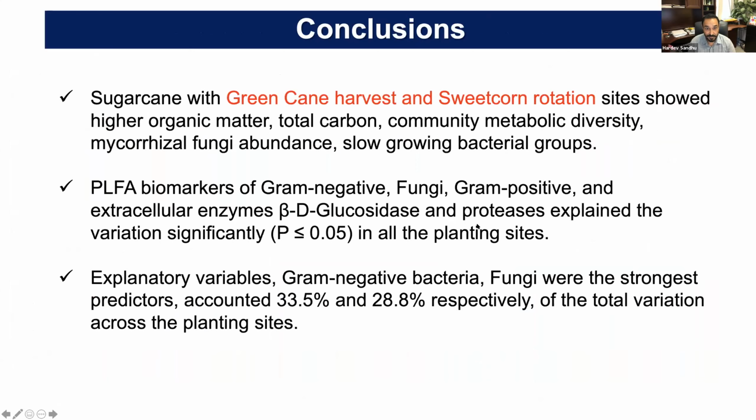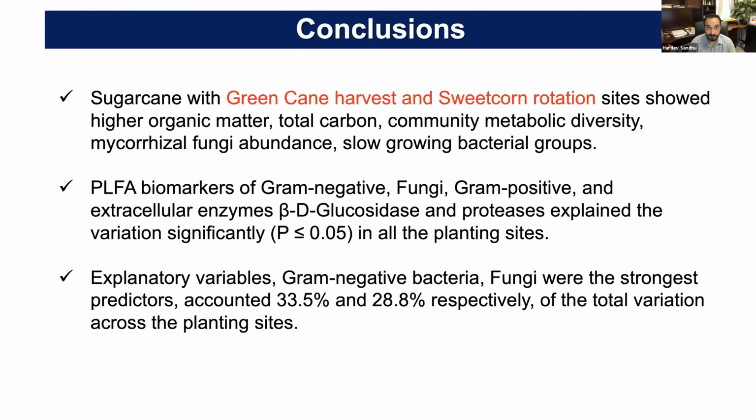Similarly, gram negative bacteria, fungi, gram positive bacteria, and other bacterial groups are the ones which explain the highest variation, and that variation between different cropping systems was significant.